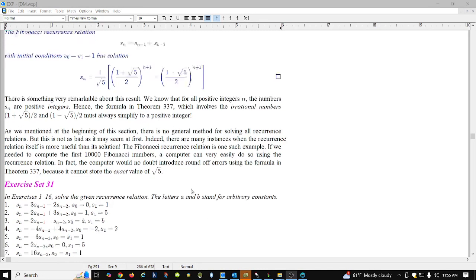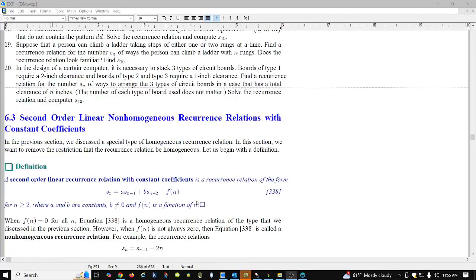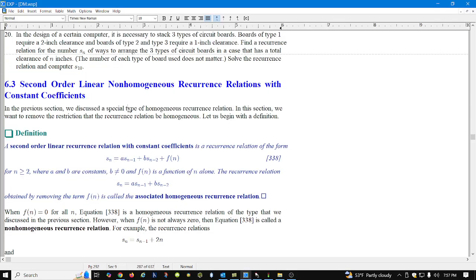What's coming next will be second-order linear non-homogeneous recurrence relations with constant coefficients. Here's the definition. A second-order linear recurrence relation with constant coefficients is a recurrence relation of this form.